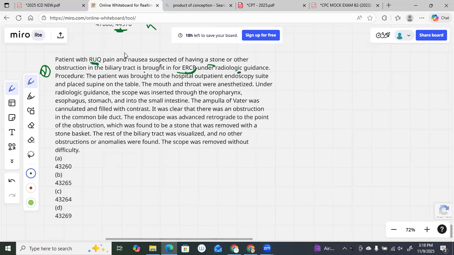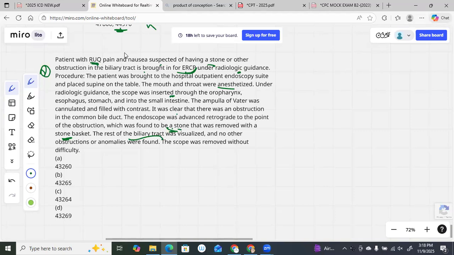The doctor prepares the patient, places the anesthesia, and then the scope is inserted through the oropharynx, esophagus, and diaphragm. And after the complete observation, it was described that the patient has a stone. Then the stone has been removed, and after that, the rest of the biliary tract was visualized.